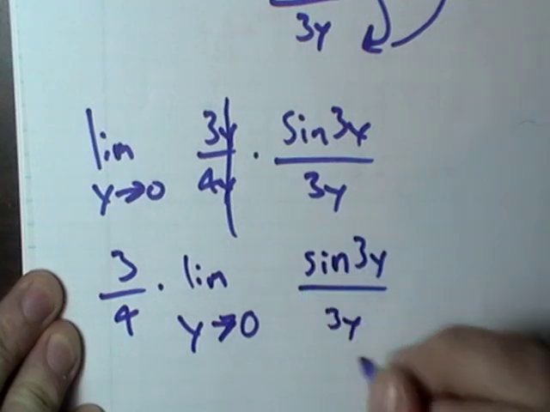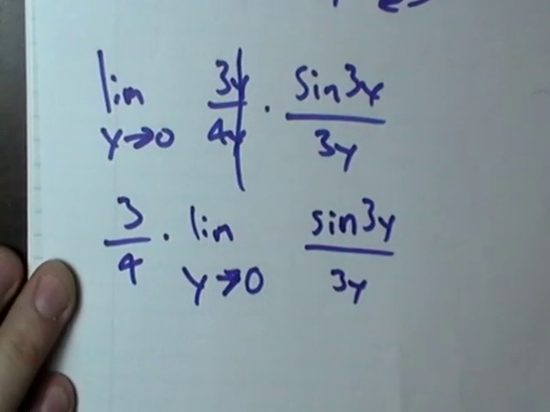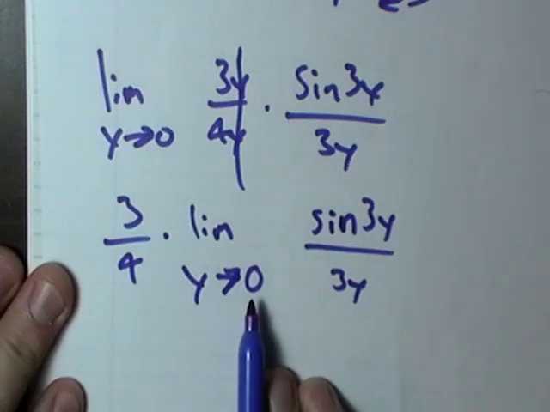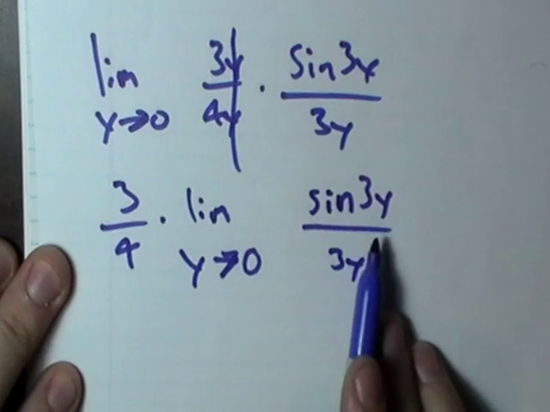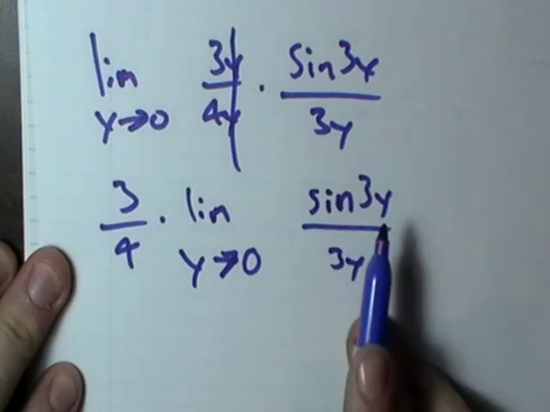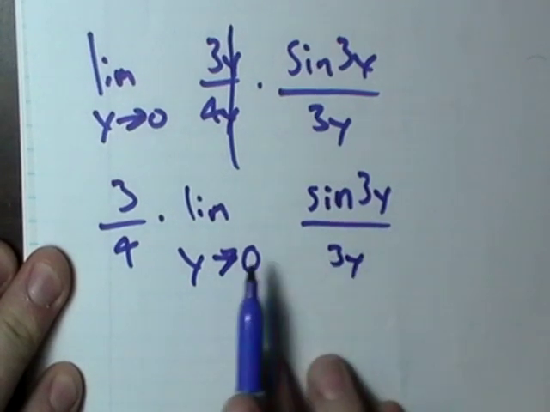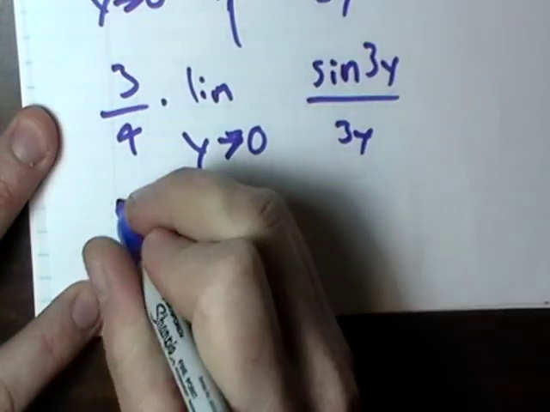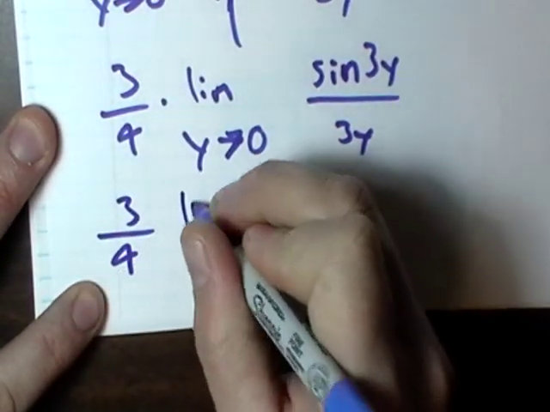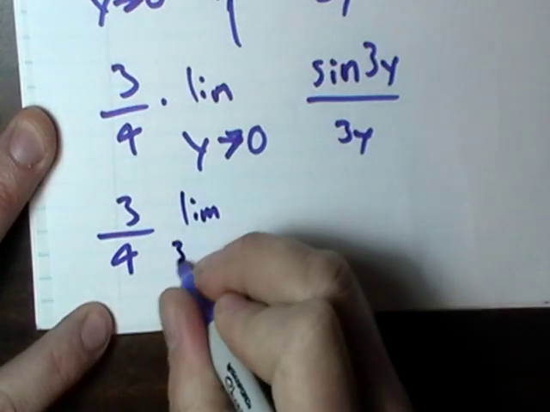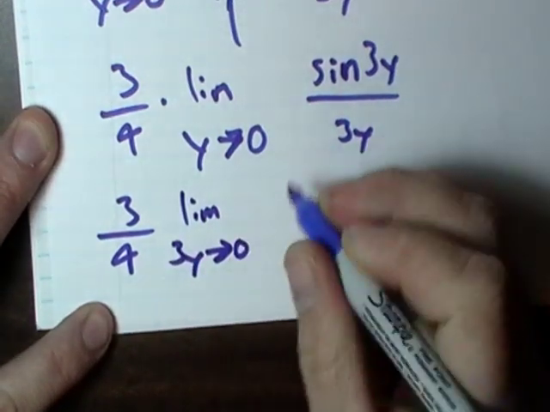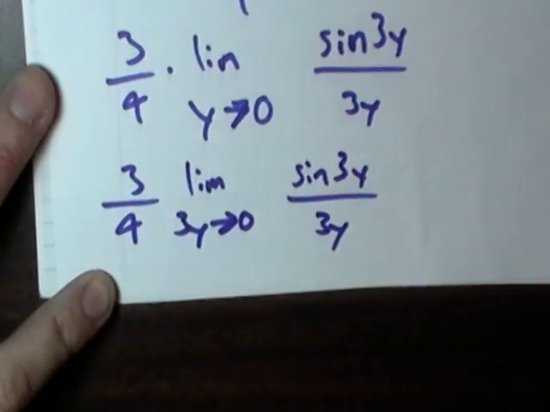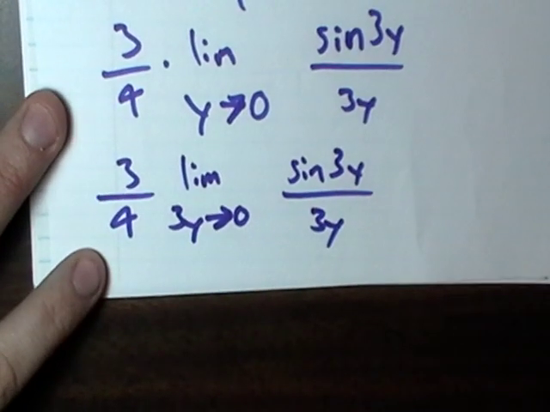And there I go. Now, if y approaches 0, then 3y is also going to approach 0, because 0 times 3 is 0, 0 times 1 is also 0. Okay, now we got our form right there.